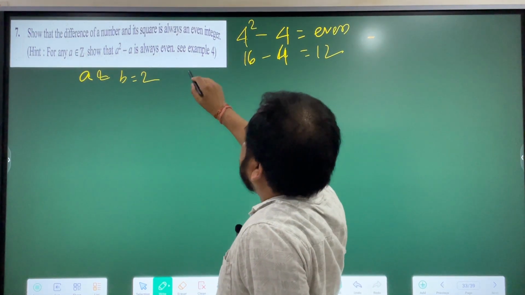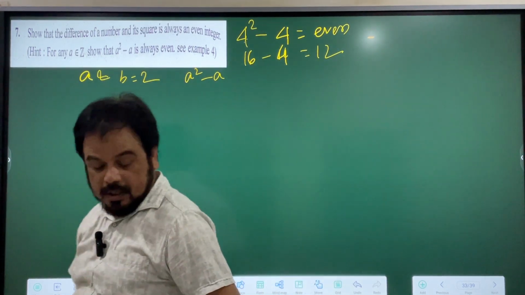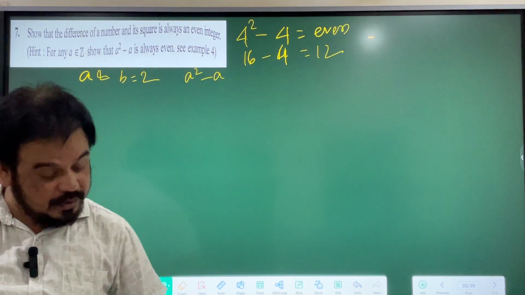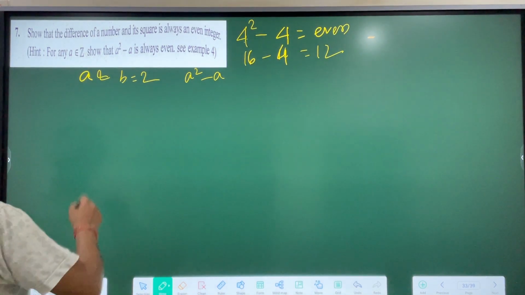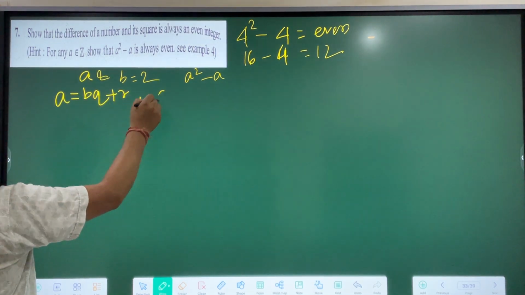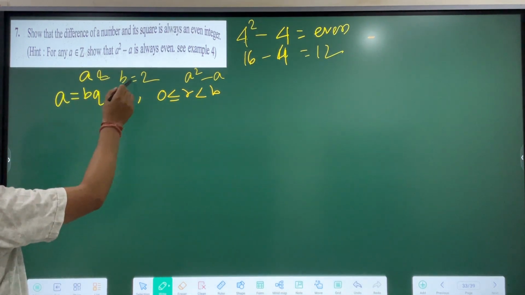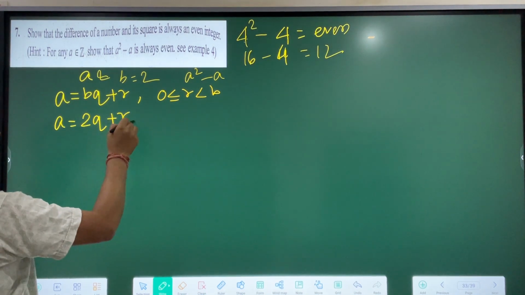That is here also written a square minus a. This is the hint given: a square minus a is an even integer. Okay, so a is equal to bq plus r, and 0 ≤ r < b. b we have taken 2. a is equal to 2q plus r.